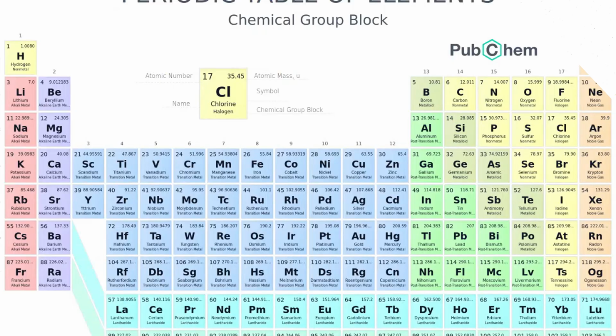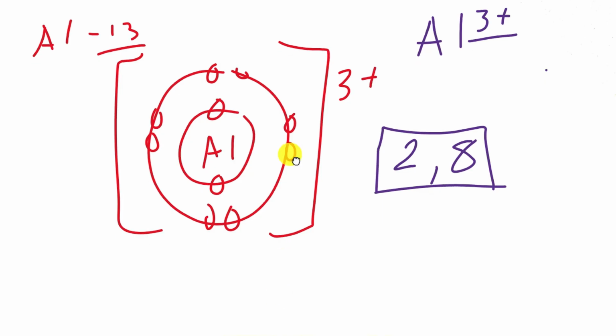It is sodium plus. Let's have a look at the periodic table for sodium's atomic number. Sodium's atomic number is 11, which means sodium has 11 protons and 11 electrons. First, I will start with the sodium's neutral atom, sodium 11.